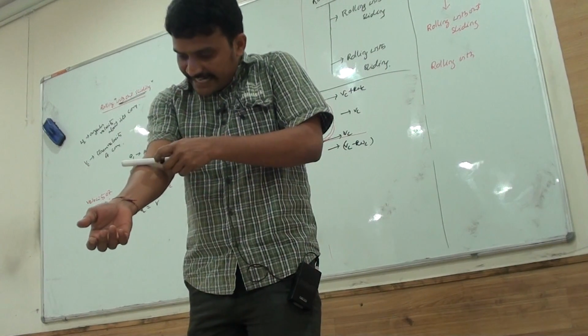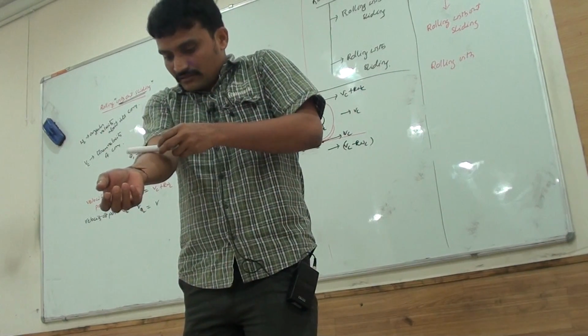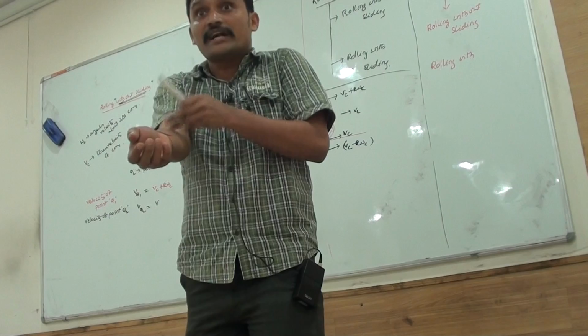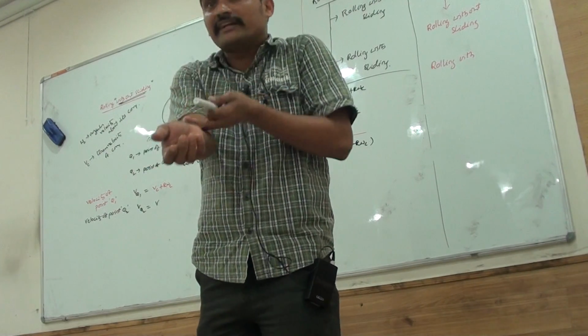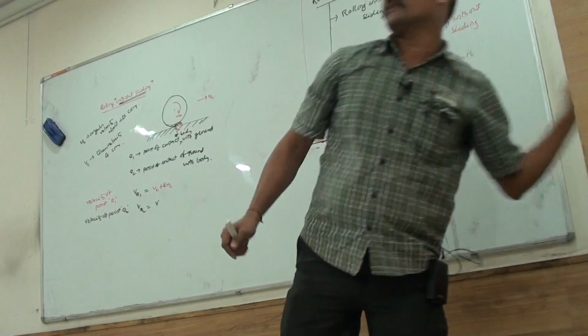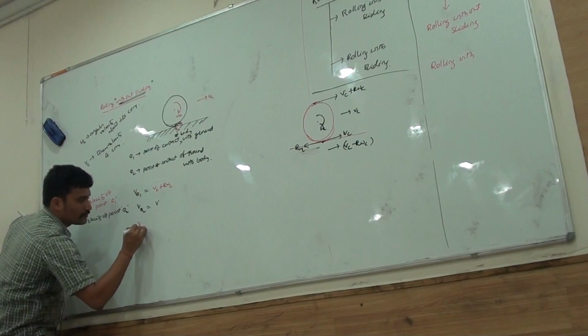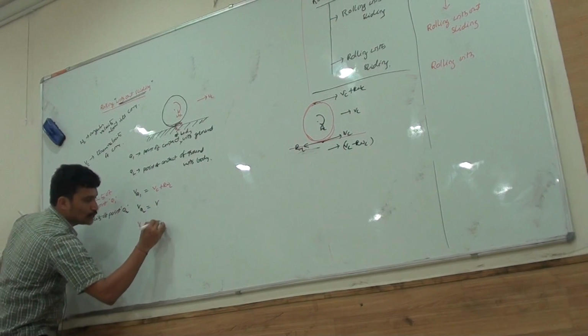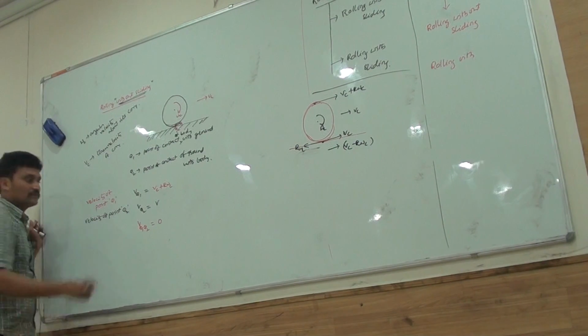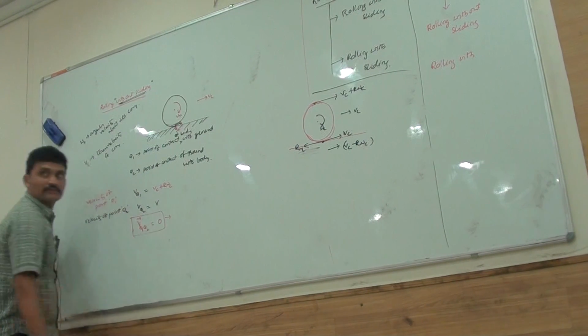If you observe at any instant, the point of contact of the surface and this body is at the state of rest. That means the relative velocity of Q1 with respect to Q2 equals 0.